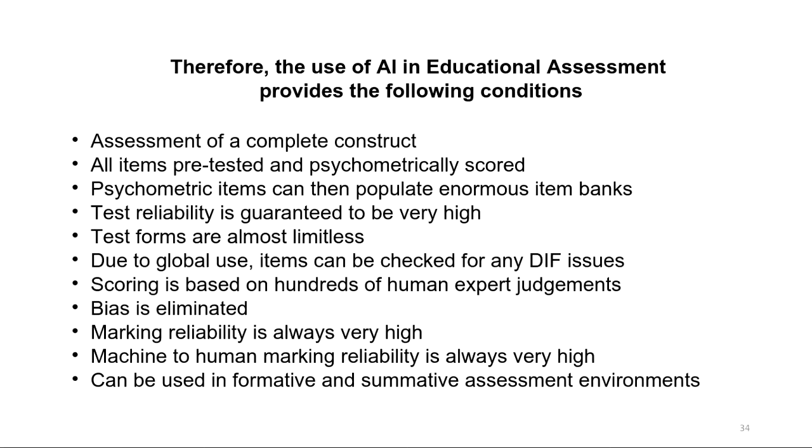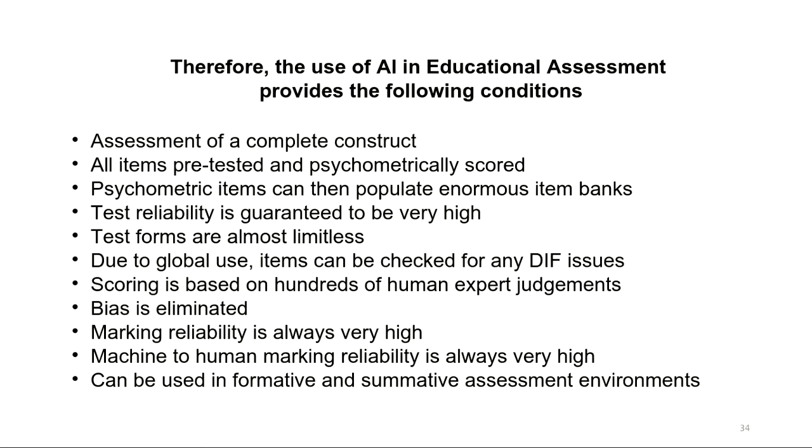And so, to finish really, these are the sorts of things about AI that I think have a lot to promote it. We can think about a complete construct instead of just choosing parts of a subject matter that we can assess easily.